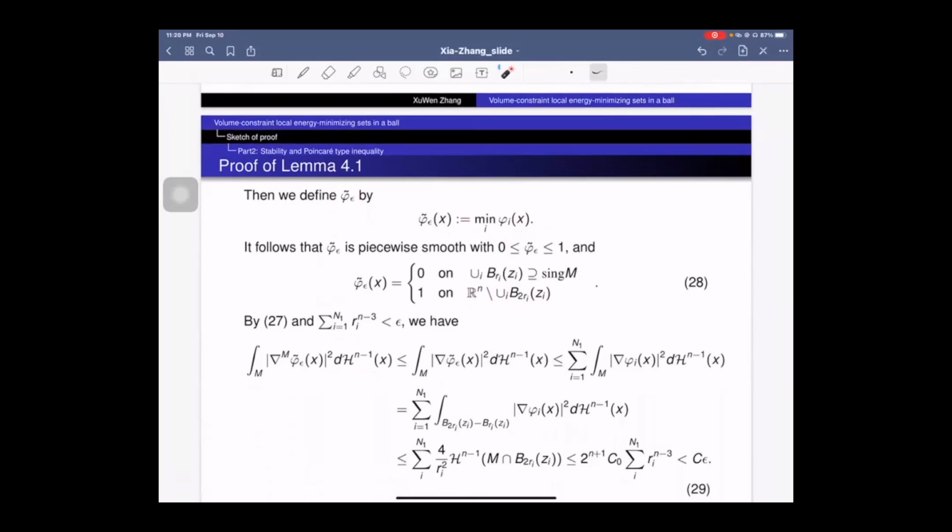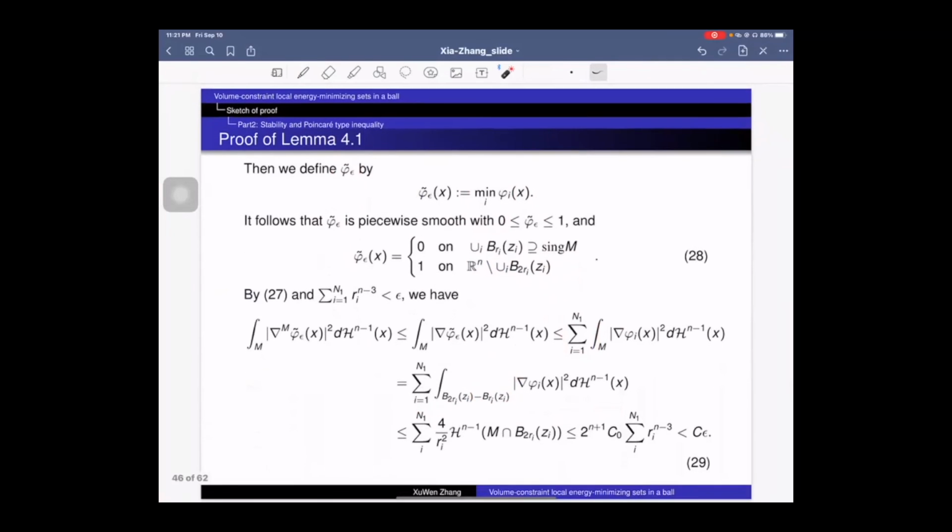It is bounded by the gradient, and by the covering property, it is bounded by this sum. Since gradient phi I is identically 0 in B_Ri, we have this inequality.